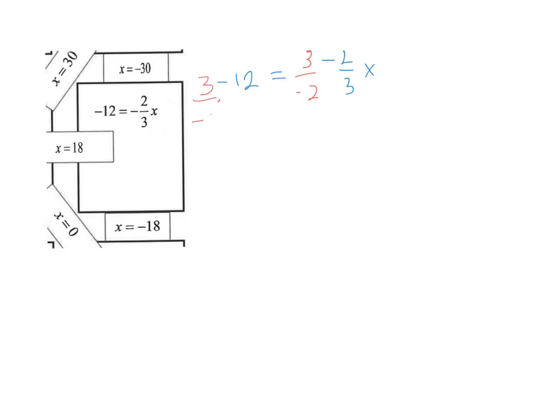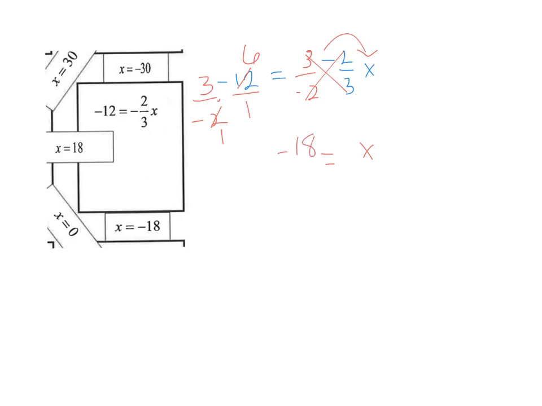3 over negative 2. Make that negative 12 a fraction. Over on the right, this would be negative 6 over negative 6, which is 1. 1 times x leaves me with just x. Cross canceling, I can say 2 goes into 2 once, 2 goes into 12 6 times. 3 times negative 6 is negative 18.